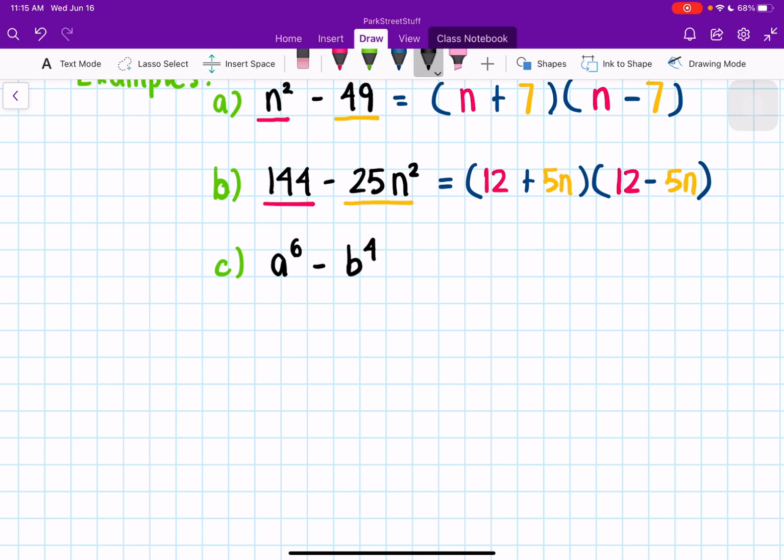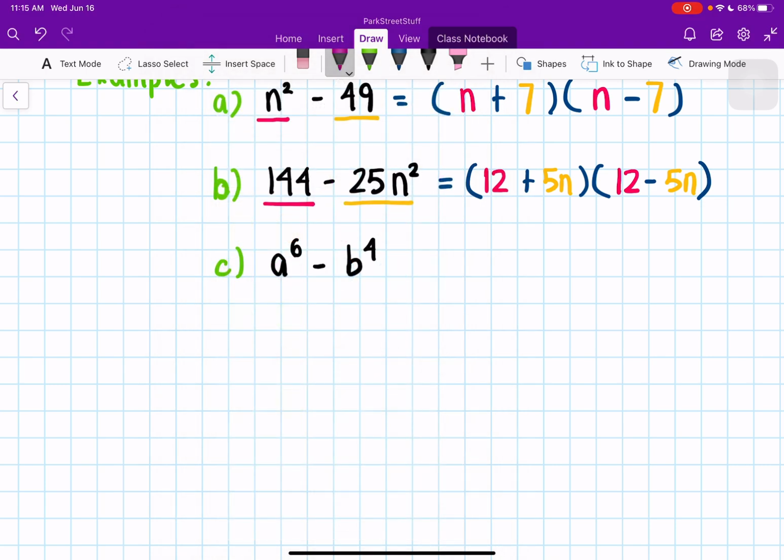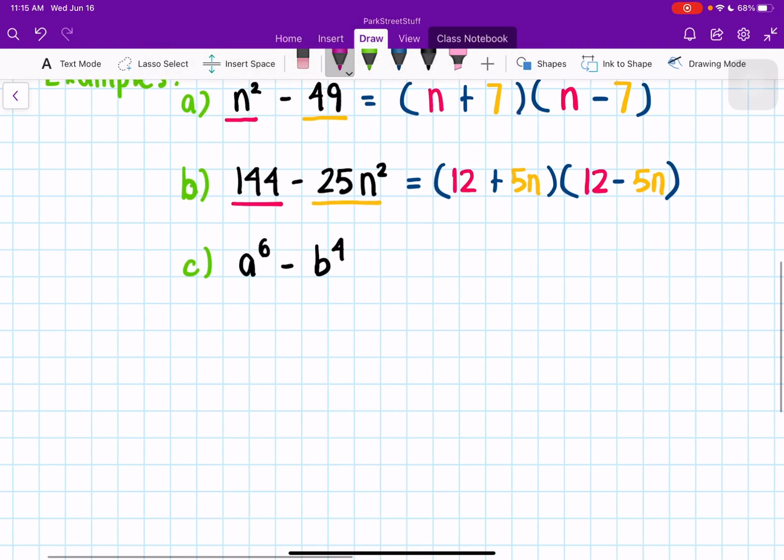Okay, now this one might look a little bit different because now you're looking at powers that are greater than 2. So we have to remember, what does it mean to take a square root? A square root halves the power. So if your power is divisible by 2, then you have a perfect square. So that's an important little note to have. So let's just write that down here.